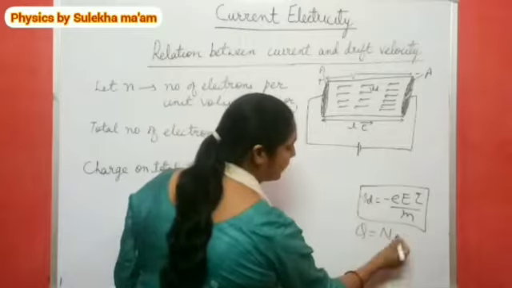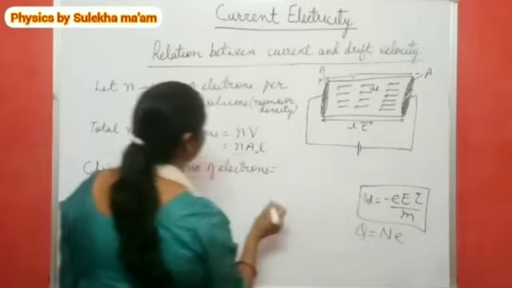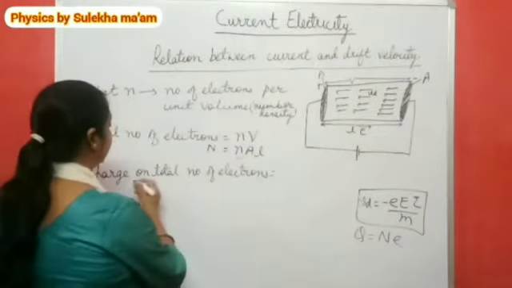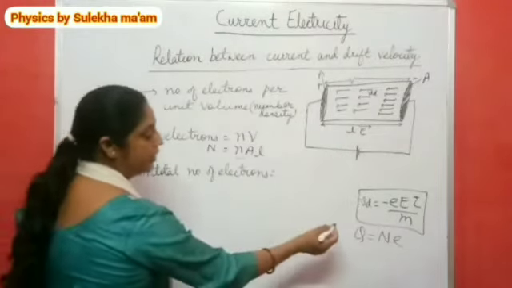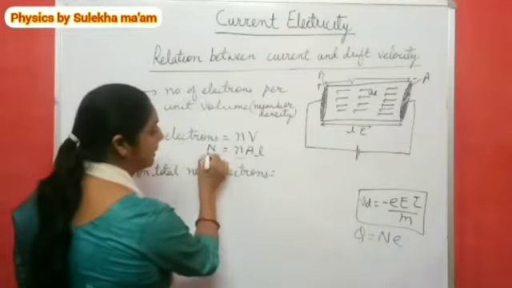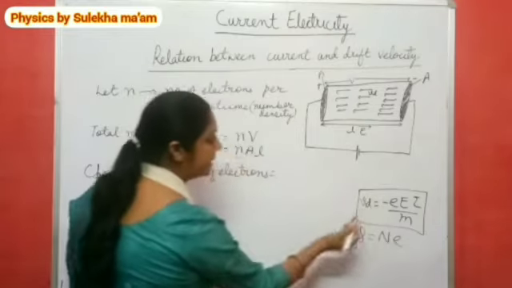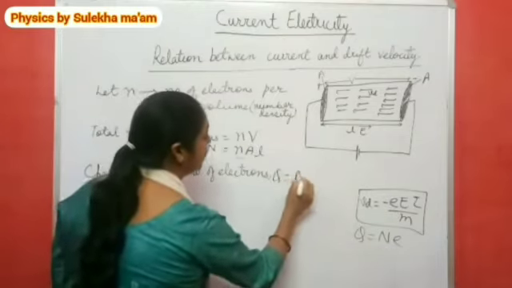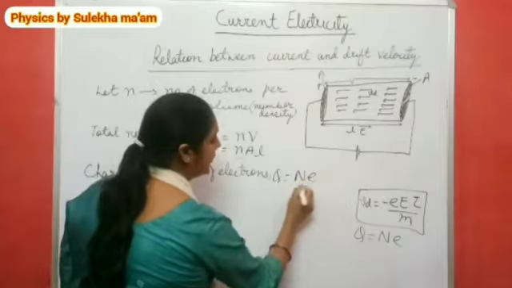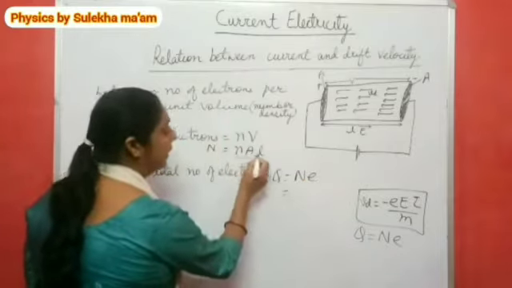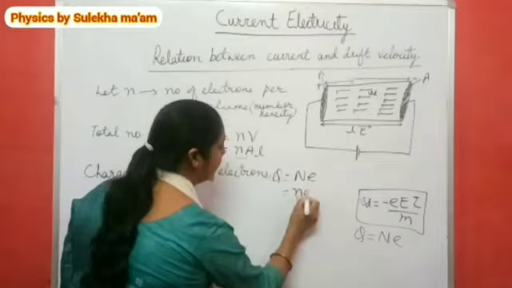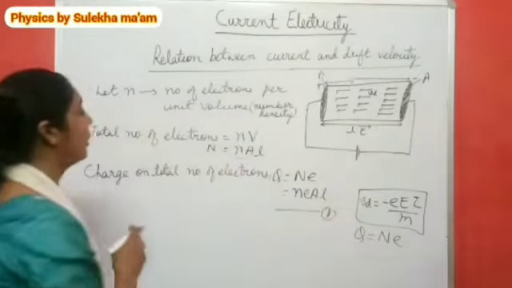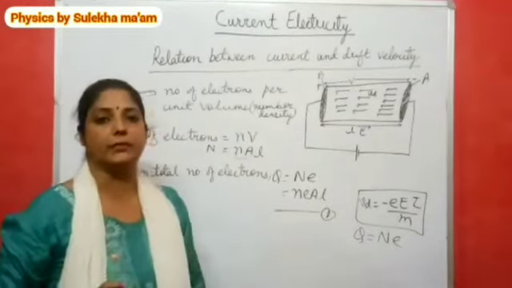Suppose this total number of electrons is capital N, and the charge on the total number of electrons is Q equal to N e, where N is the total number of electrons and e is the charge of one electron. So Q equals N into e, and N is n A L. So this becomes n e A L. This is the total charge on the total number of electrons.